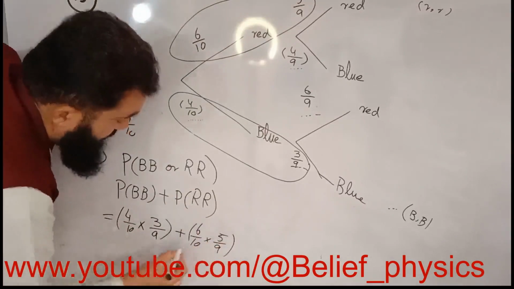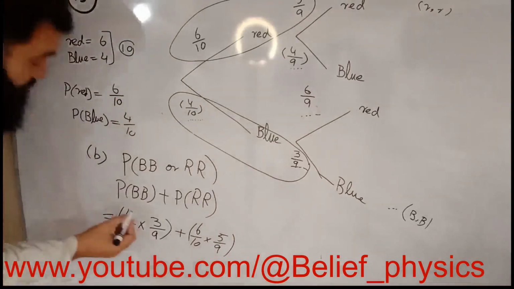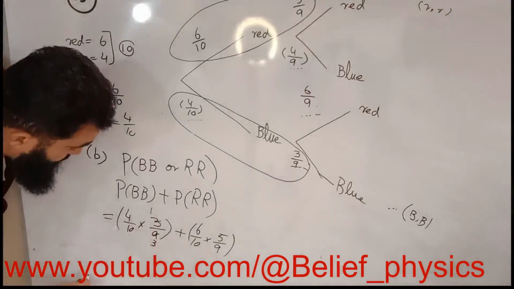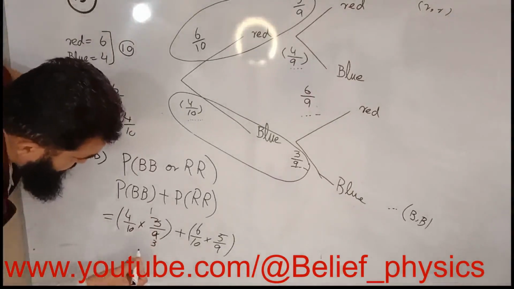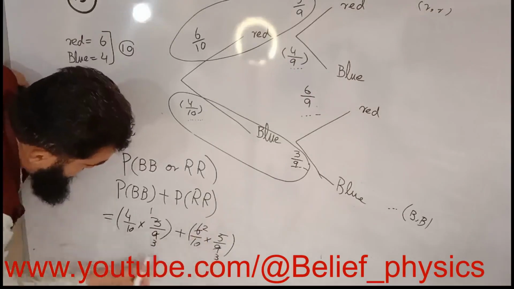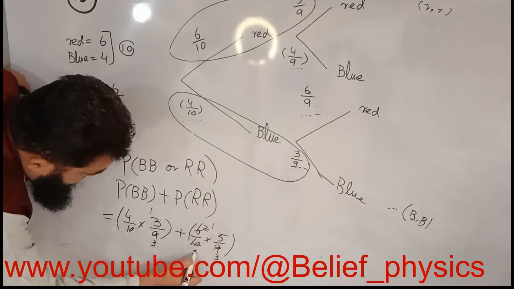Now we have to simplify this. How do we simplify it? It is quite easy. Look here. 3 ones are 3, 3 threes are 9. Similarly 3 twos are 6. 5 ones are 5, 5 twos are 10.